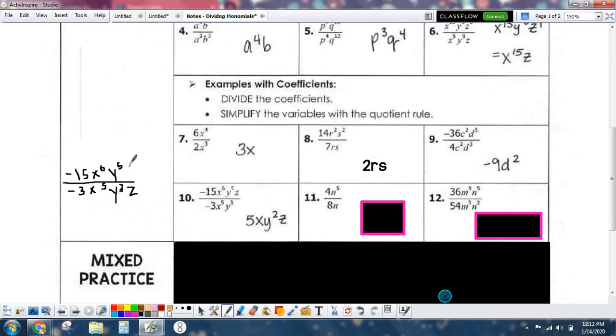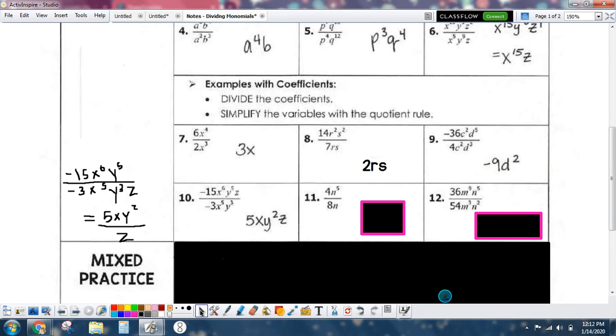Basically, the only thing that changed, I put the z from up here to down here. So your final answer, when you simplified it, would end up being 5x y squared. But then since the z's at the bottom, it would be all over z. So that's just slightly different. If there's no z on the top, then you would keep it at the bottom. But in this case, there's a z at the top and none at the bottom, so you would keep it on the top. If that makes sense.